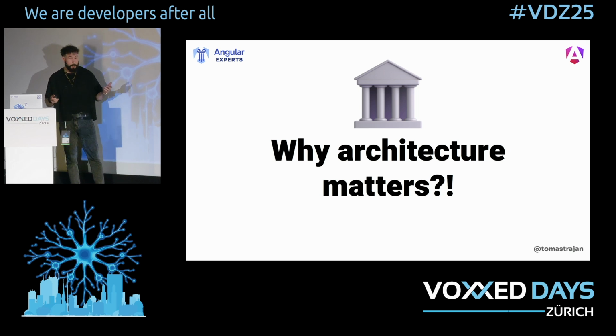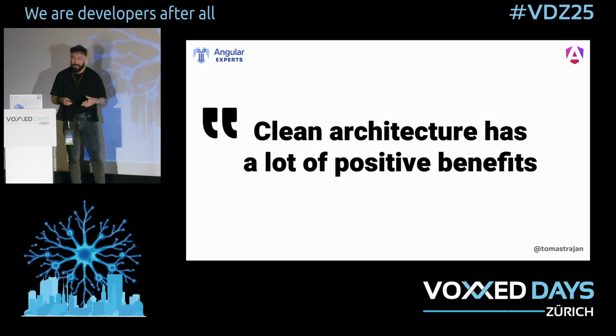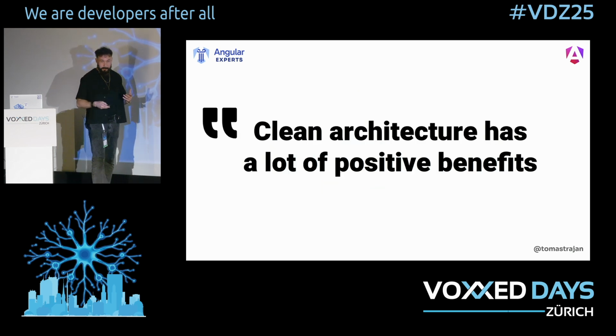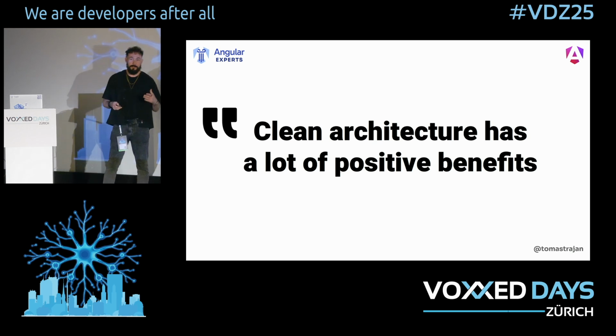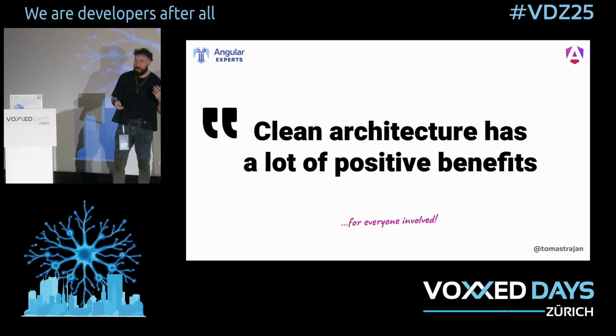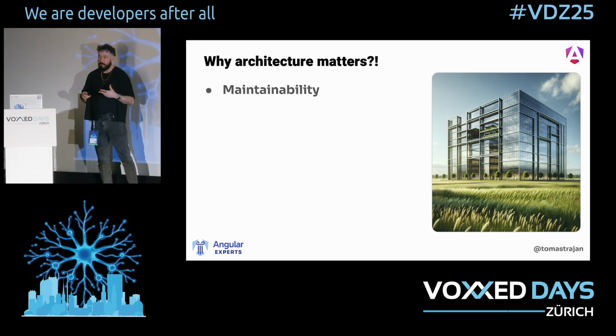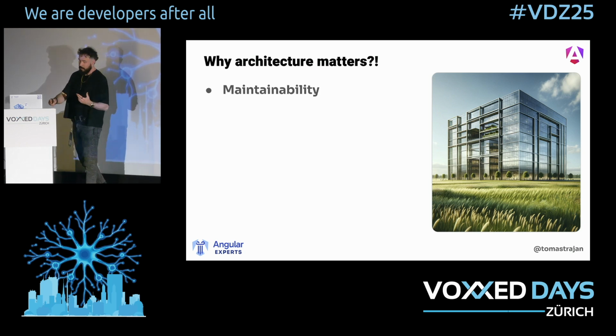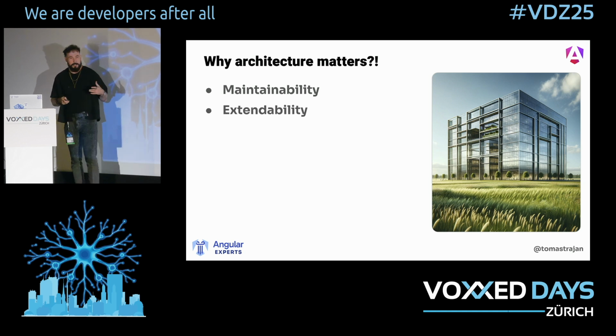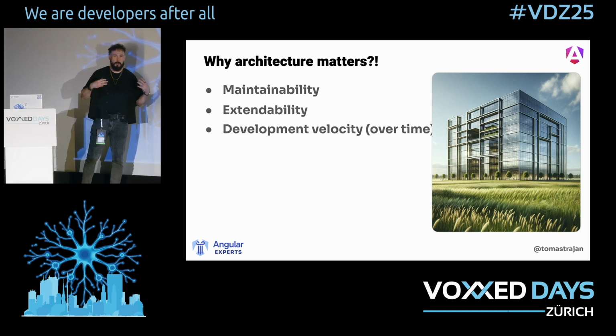So why architecture matters, or more precisely, why clean architecture matters? Well, of course, it has a lot of positive benefits, for everybody involved, right? It's not just us as developers, where the code stays maintainable for much longer and is much easier to extend, but also for the company itself, right?